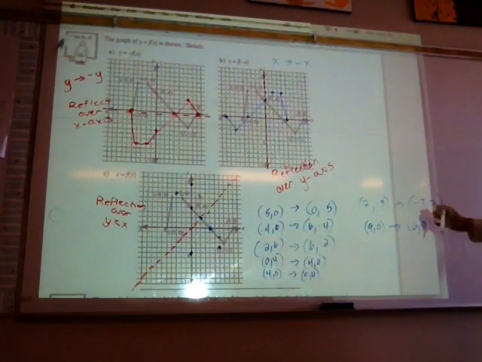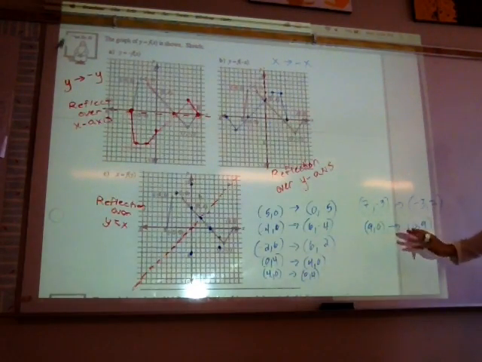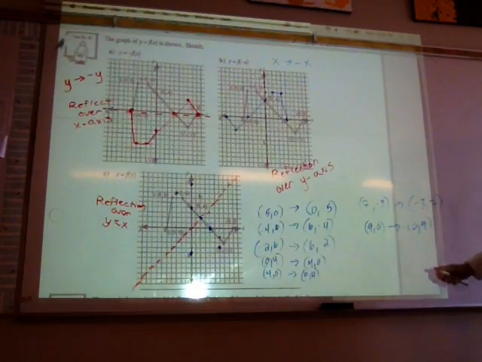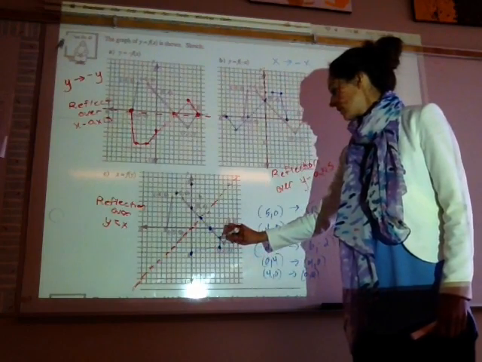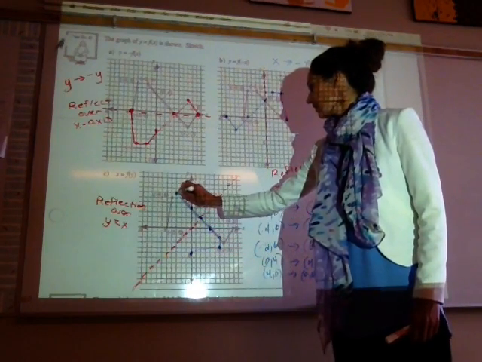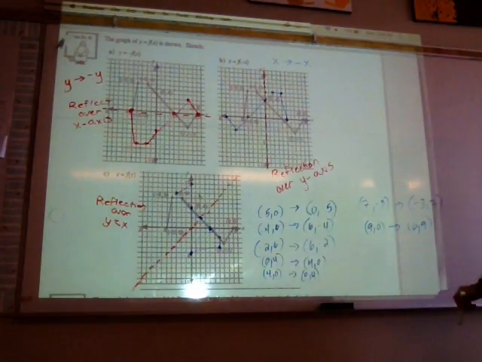So some of you may not need to do the point mapping on the side here, you might just switch them and then plot it right away. But it doesn't hurt, just to make sure that you get it 100%. After we've plotted all of our points, draw a nice line through all of them.